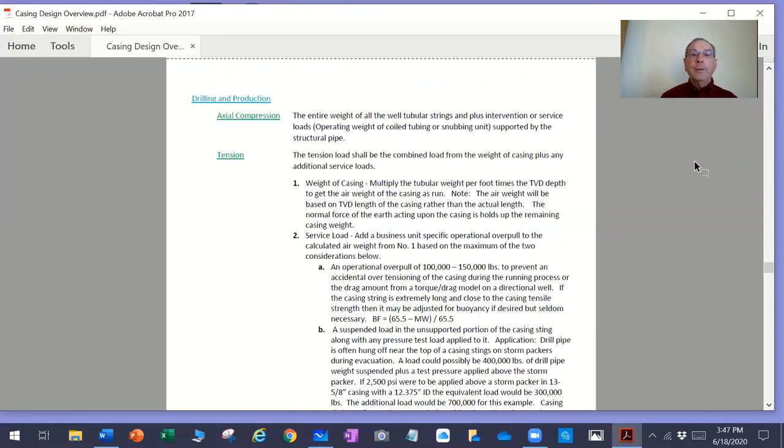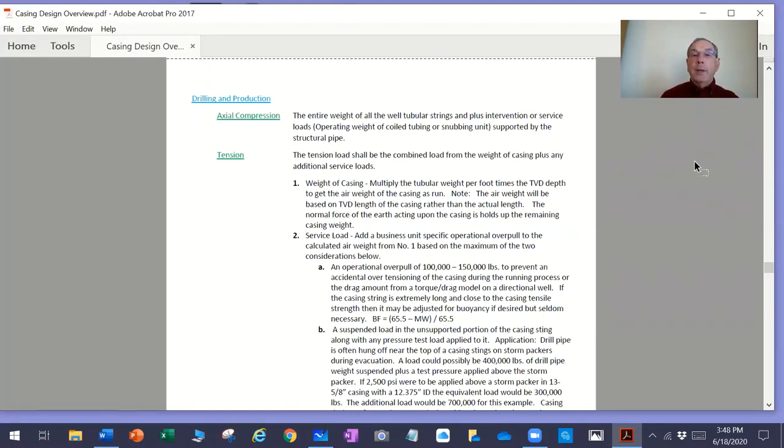All right, we're going to switch now to both drilling and production axial loads for compression and tension. For axial compression, the entire weight of all the well tubular strings plus intervention or service loads are supported by the structural pipe.